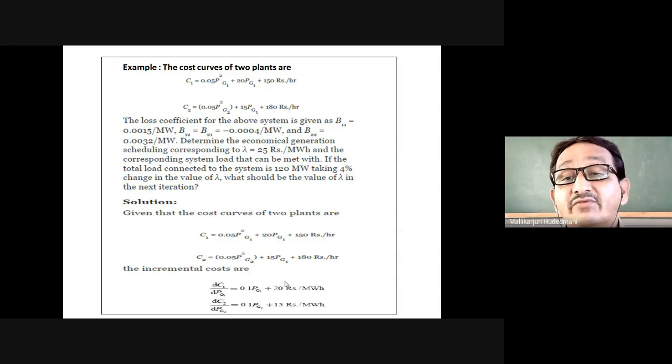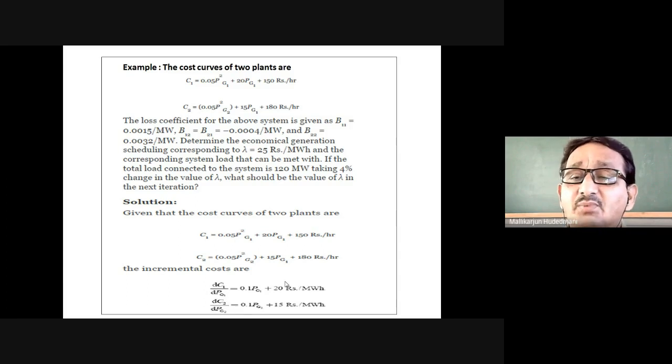Lambda must be 25 rupees per megawatt hour, and the corresponding system load can be met if the total load connected to the system is 120 megawatt. Taking a 4% change in the value of lambda, what should be the value of lambda in the next iteration?